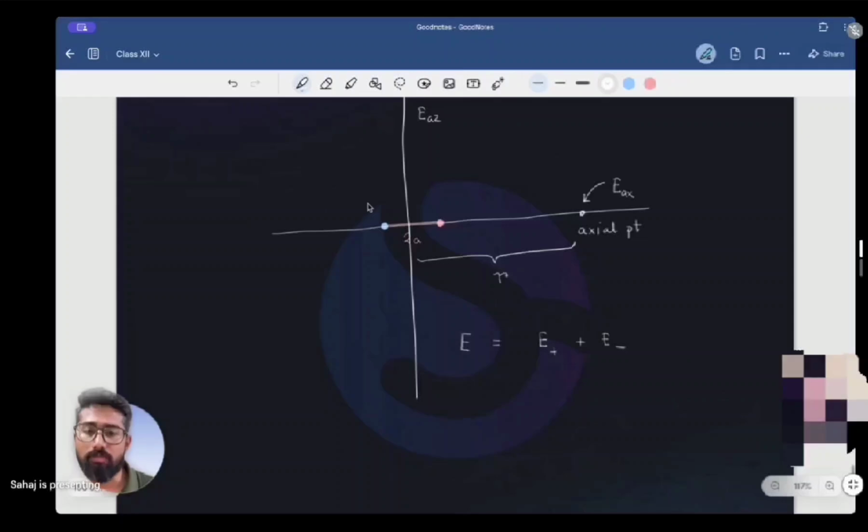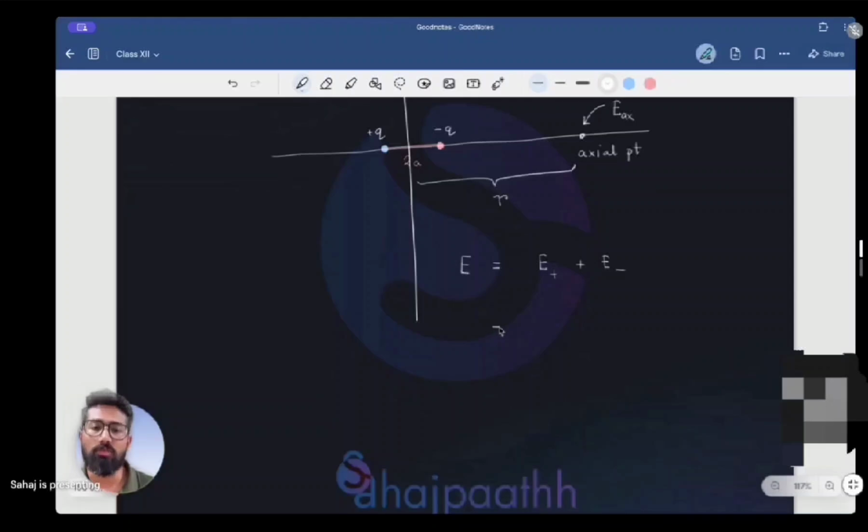And the charges are, say, plus q and minus q. So the field due to the positive charge would be q by 4 pi epsilon naught r squared. But here the distance is r plus a. This extra distance is a. So from the positive charge, this is r plus a whole squared.